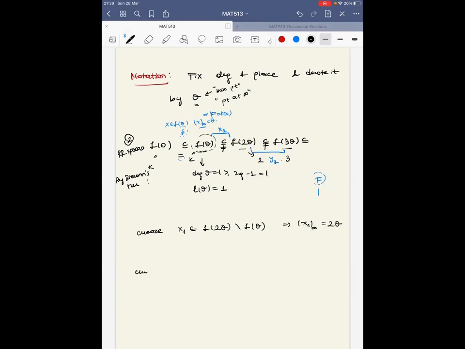Similarly, let me choose another transcendental Y1, whose pole divisor is 3O.